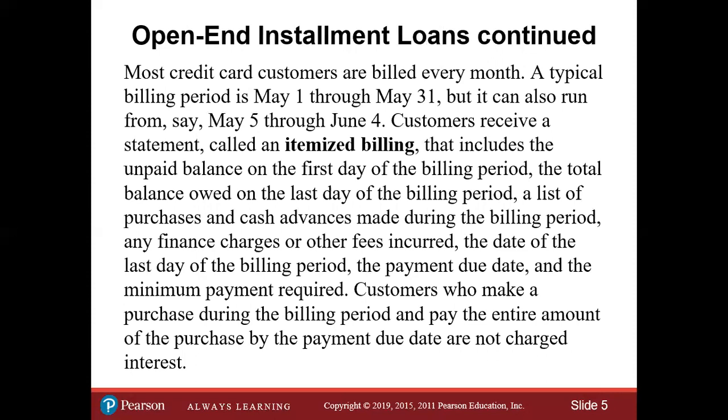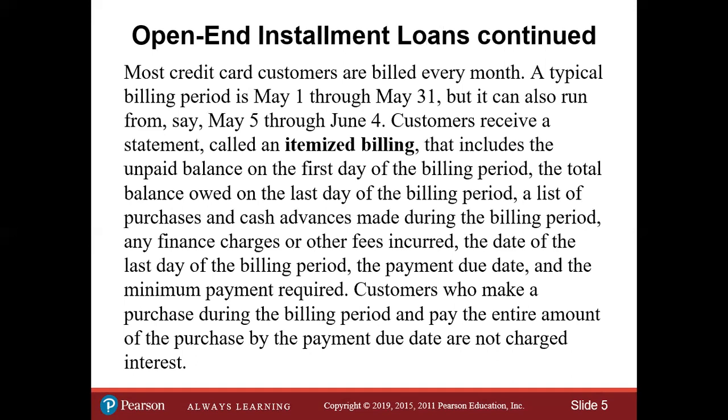So you are billed every month, and you receive a monthly statement with all of the items that you have purchased listed with the amounts that they were. And then it gives you the amount of interest, any charges or fees, and it doesn't clearly spell out the calculations that were made in order to determine your final payment due, but it is in the fine print how it is calculated.